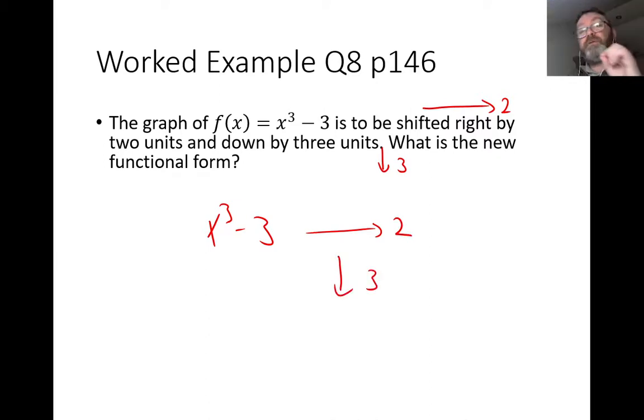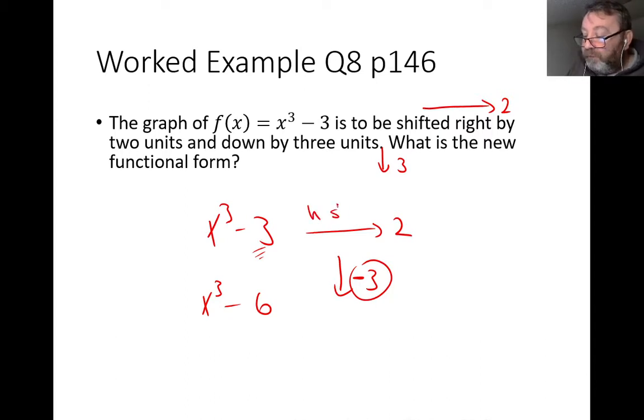Now, here's what you've got to remember. First of all, if you want to bring it down by 3, that means that the last constant is going to change by minus 3. So therefore, a drop of 3 would bring it down to x cubed minus 6. Okay. Now, what about the horizontal shift?